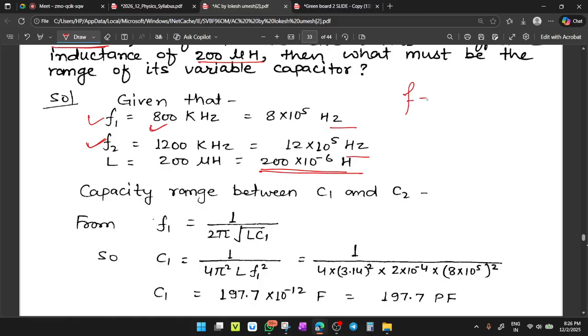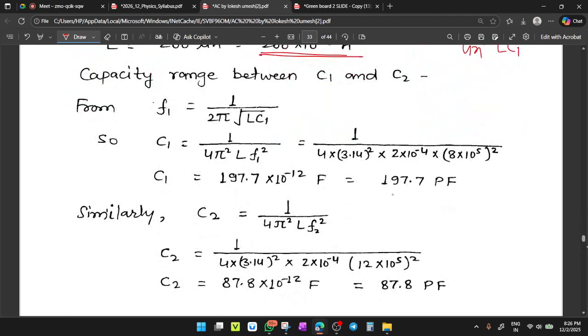We know F equals 1 upon 2 pi under root LC. For F1, because L is the same, here it should be C1. Squaring both sides, F square equals 1 upon 4 pi square L C1. Rearranging for C, you will get the value of C1 equals 197.7 into 10 power minus 12 farad, that is picofarad.